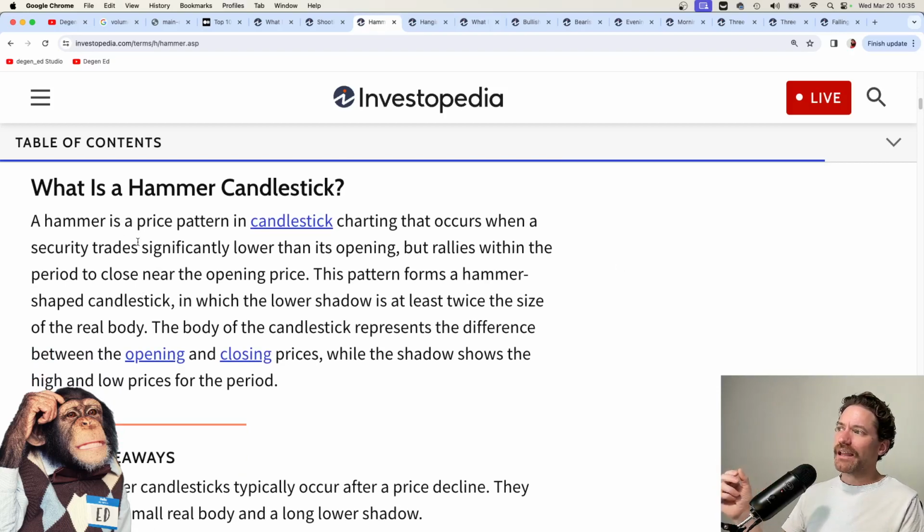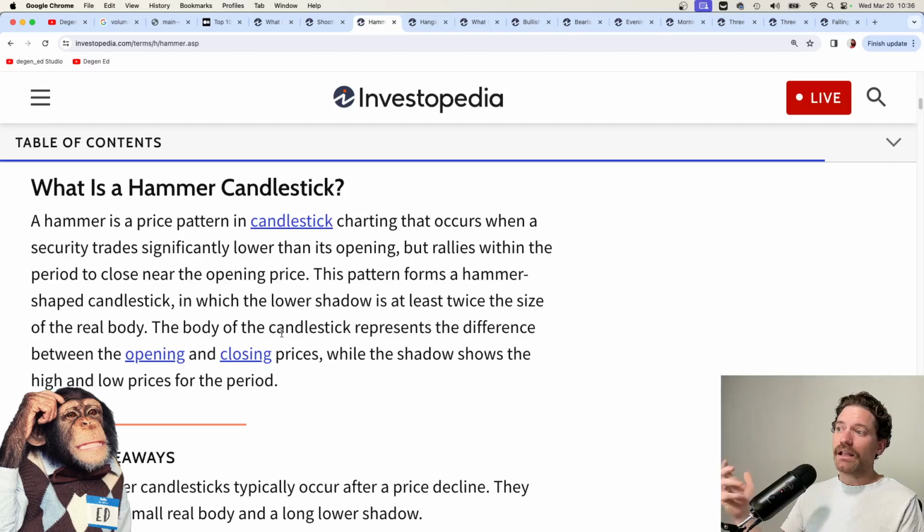And so a hammer candlestick, a hammer is a price pattern in candlestick charting that occurs when a security trades significantly lower than its open, but rallies within the period to close near the opening price. And so this pattern forms a hammer-shaped candlestick in which the lower shadow is at least twice the size of the real body.